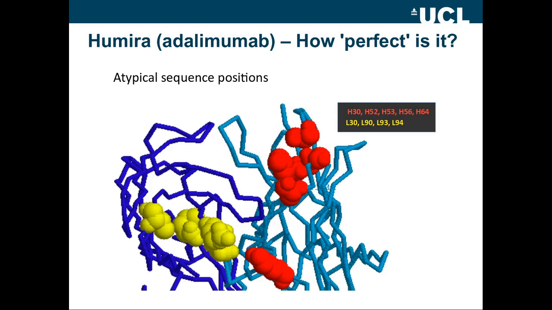But when we look at the frequencies of the residues in adalimumab, what I've done here is highlight those that are unusual. So we have some on the heavy chain, which are shown in red, some on the light chain, shown in yellow. And although the sequence numbers aren't necessarily that close to each other, these come together to form a patch of unusual residues on the surface. And again, this is not actually that far from this other patch of unusual residues over here.